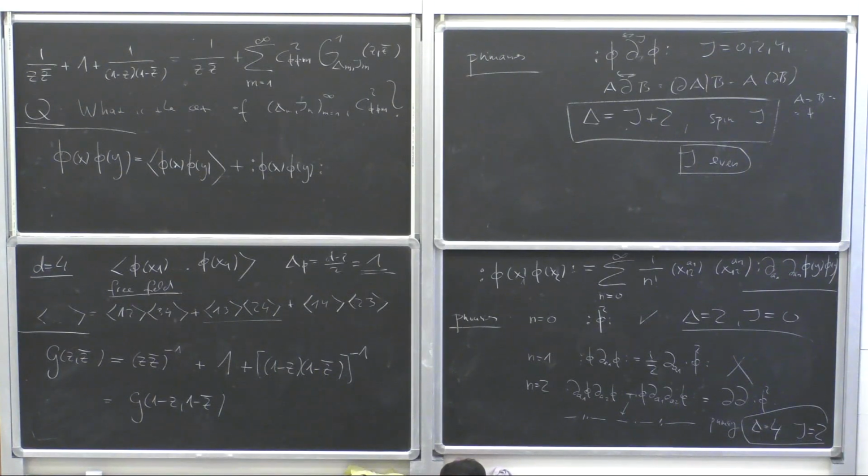So that means that we can, let's just subtract it. Okay, and we still get something non-zero. This should be the sum over all of the phi squared type primaries. And the way we can analyze it is by taking the small z bar limit.